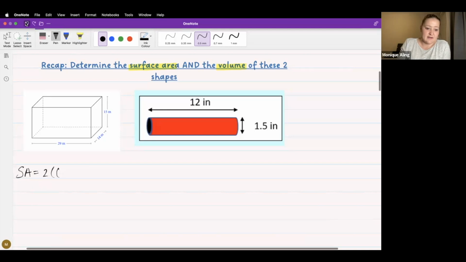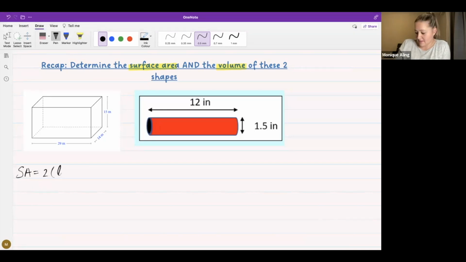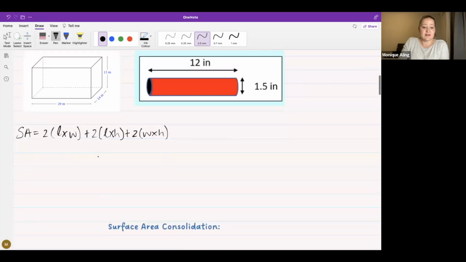See here. That's for a rectangular prism. And then volume is length times breadth times height.